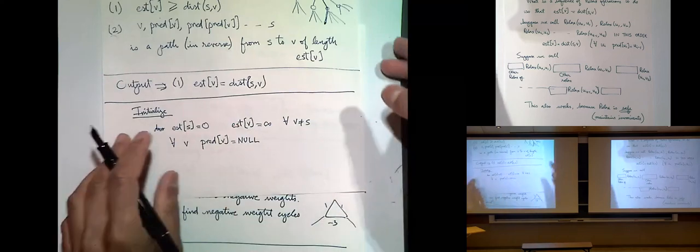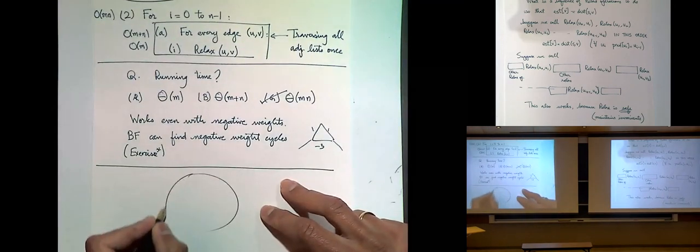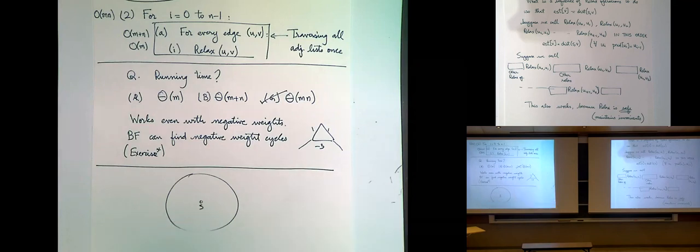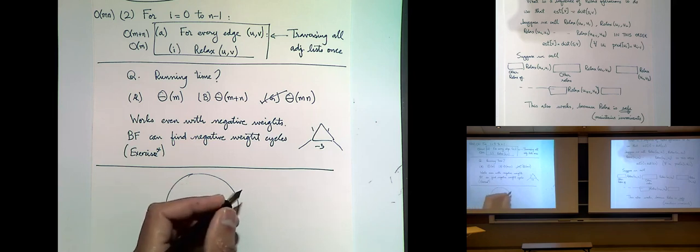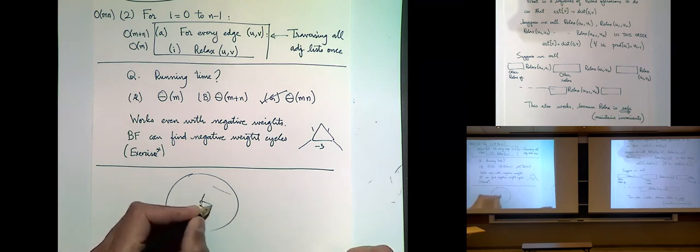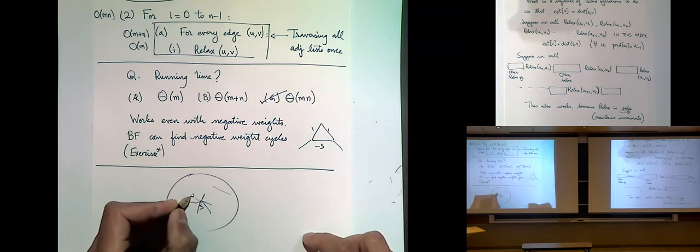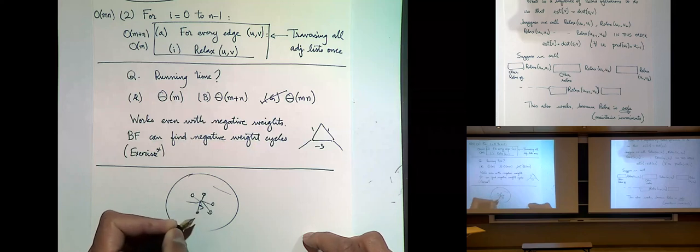If you think a little bit about how this algorithm works, initially the distance of S to itself is 0 and everybody else is infinity. Then it's going to call relax everywhere. But when it calls relax on this edge, nothing happens because the distances of both endpoints are infinity. But if you look at these edges, there's going to be an improvement, so it's going to get some information about these.